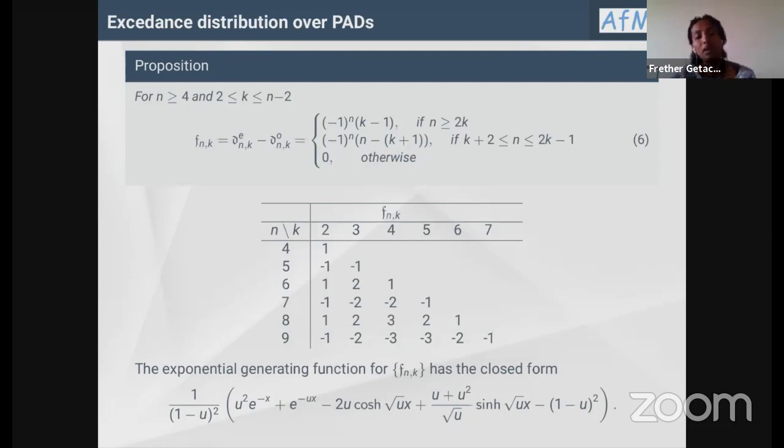But now we are currently working on a bijective proof for this one and trying to determine what kind of paths are counted by this FNK or these differences.